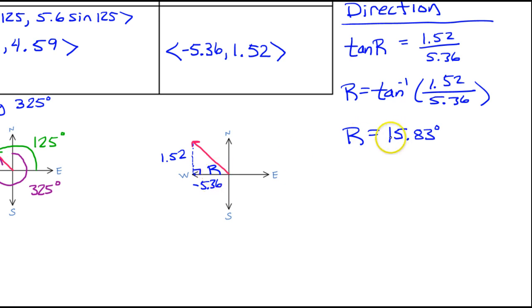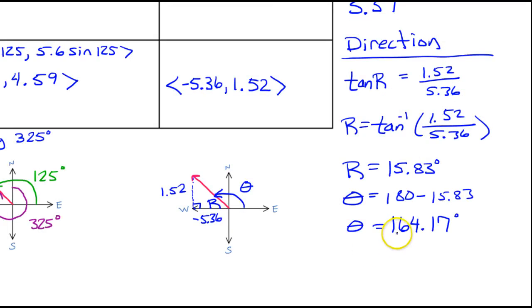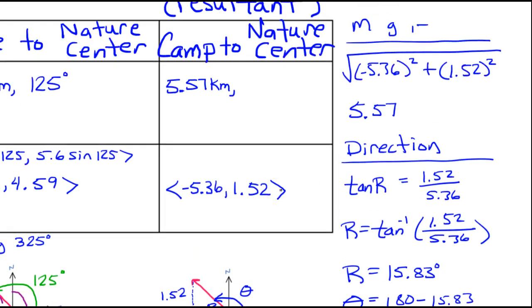So this reference angle is 15.83 degrees. Now, however, on the chart, I need the angle that's measured from the positive x-axis. So I will call that theta, and that should be 180 degrees minus the size of angle R. So minus 15.83. So the direction that we need for the chart will be 164.17 degrees. Let's go ahead and record that on the chart.